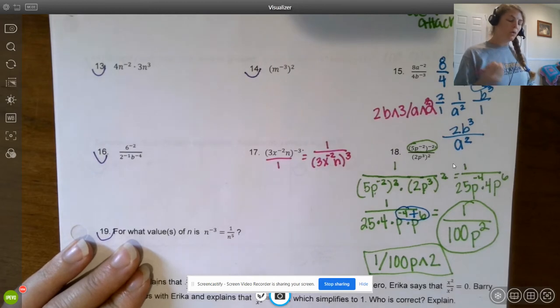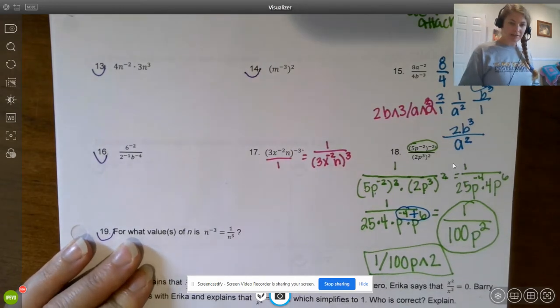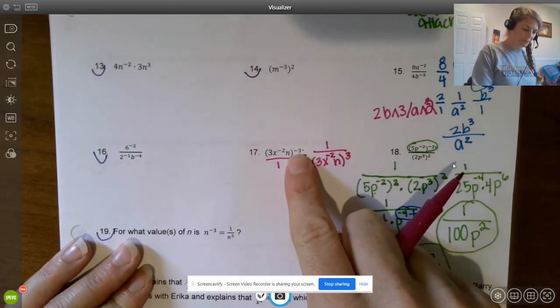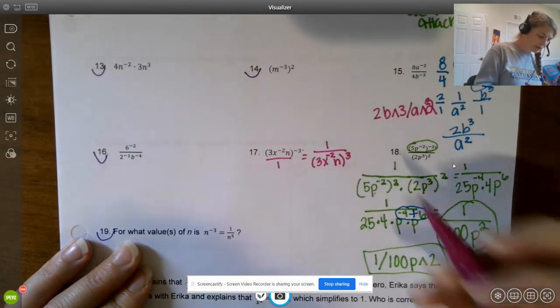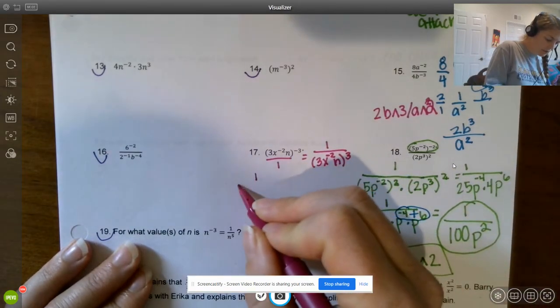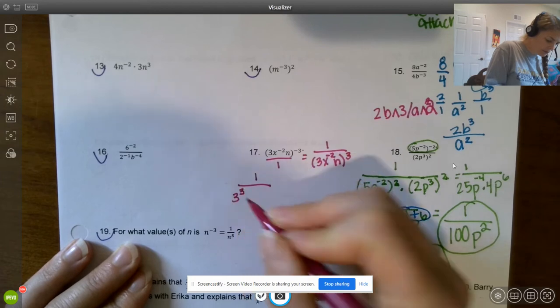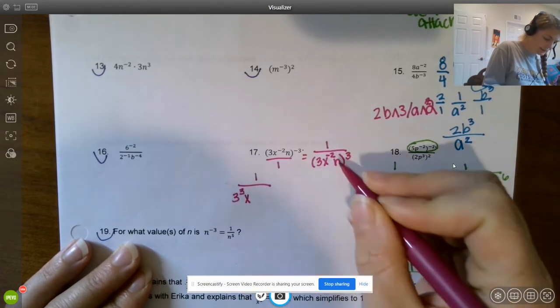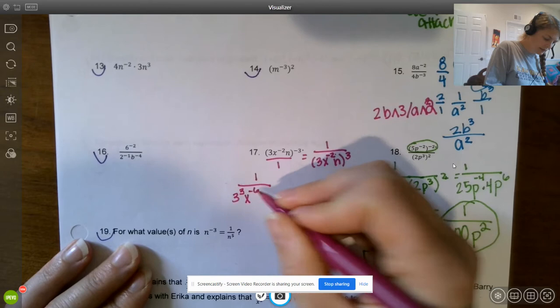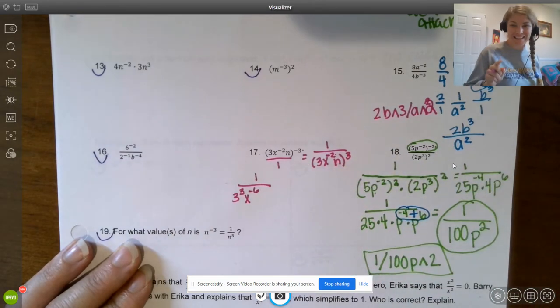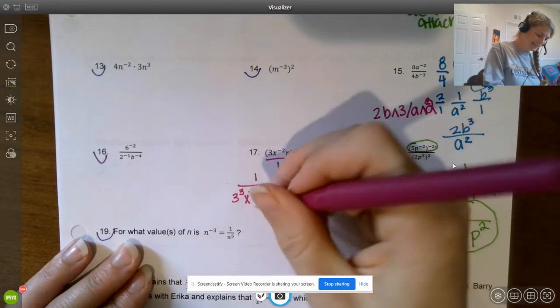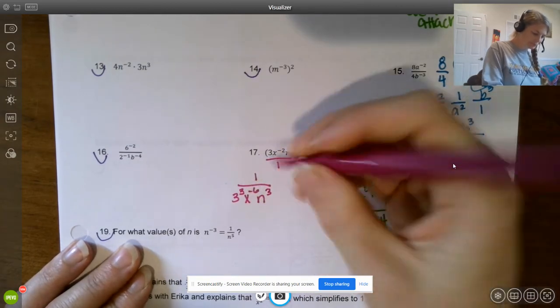So remember, the only item that's going to change the sign is the exponent that's on the outside of the parentheses. So from here, I know I have 1 over 3 to the 3rd, x to the negative 2 times 3 is negative 6. Thinking ahead of myself. And n to the third.